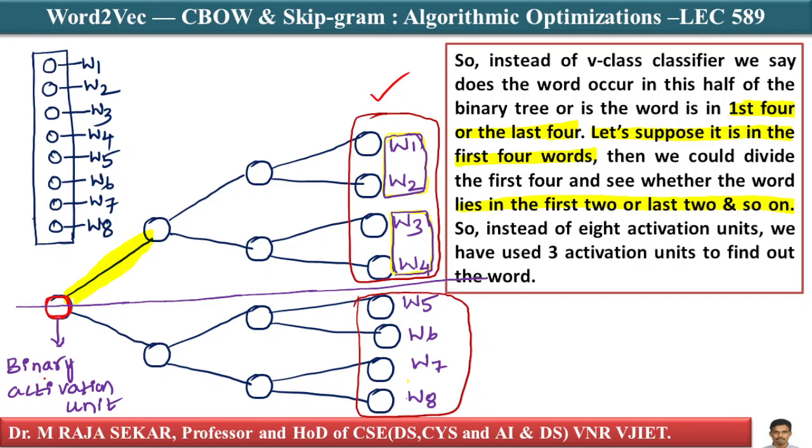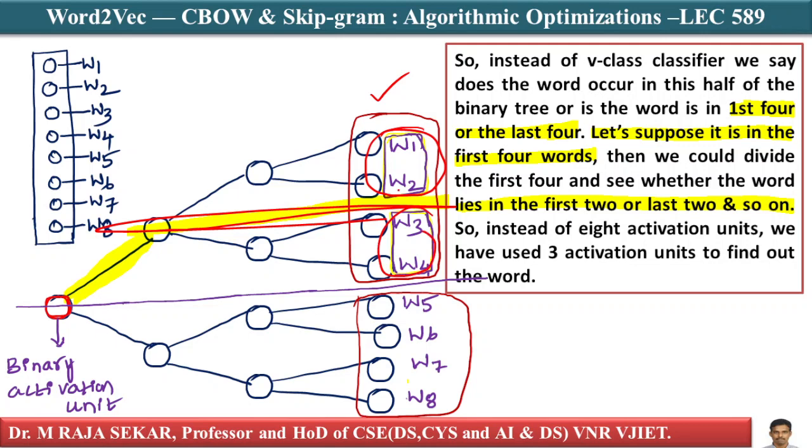Now I am at this particular node, and again I am breaking. Is the output word first or second, or is it third or fourth?